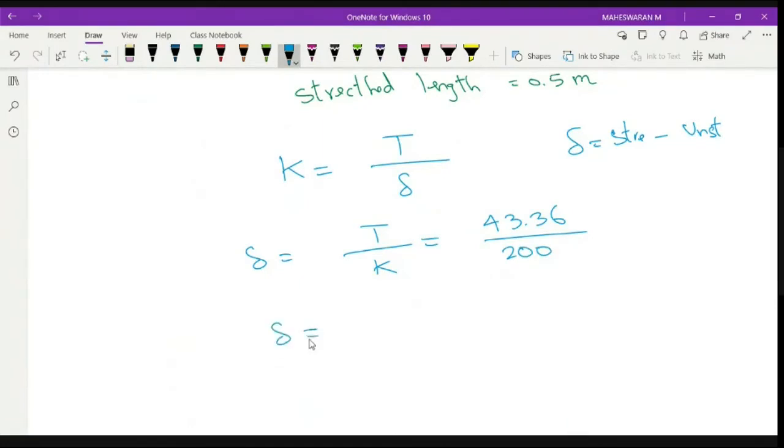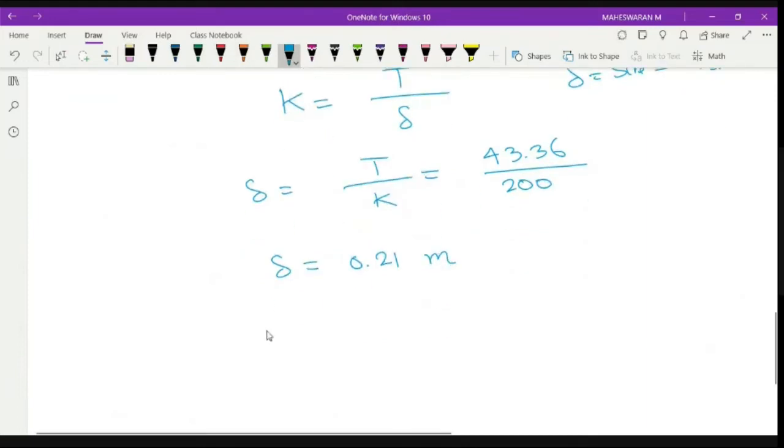What is del? We're getting 0.21. So this 0.21 meter is stretched length minus unstretched length.